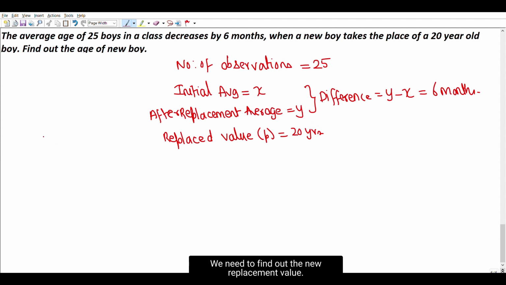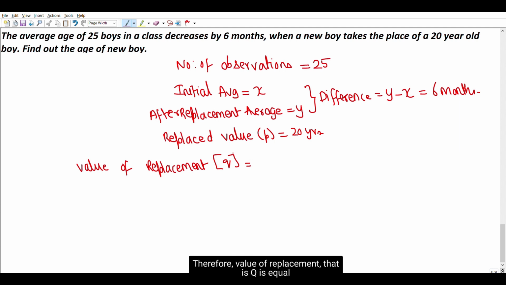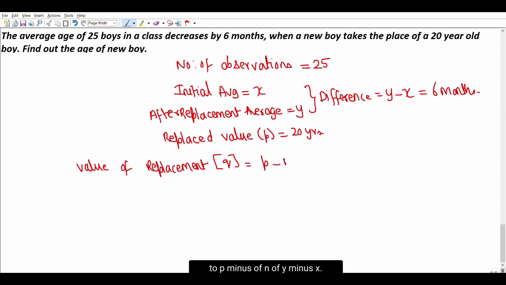We need to find out the new replacement value. Therefore, the value of replacement, that is q, is equal to p minus n of y minus x.